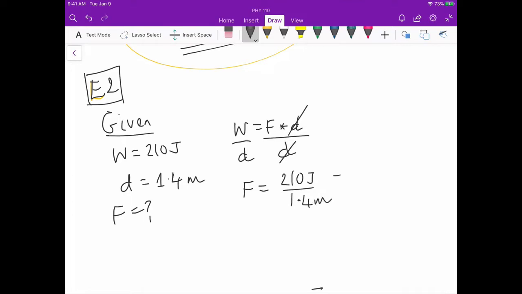And of course the SI unit, you can go through the unit analysis, joule is Newton meter and so on, but you already know the SI unit of force, which is Newton. So therefore we can simply put the answer as 150 Newton. Simple.